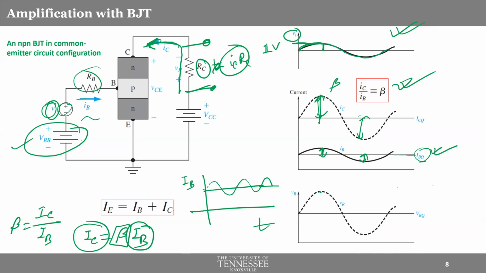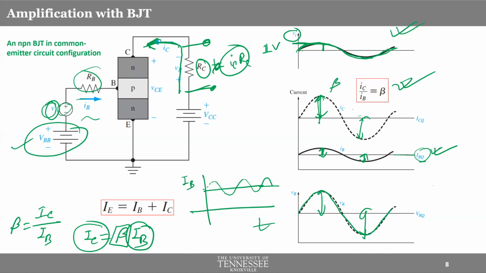Resistance remains constant, so your voltage drop will be enhanced exactly by that amount, beta. Okay, so you have provided a minuscule, tiny amplitude of input voltage, oscillating alternating input voltage, and at the output you're getting an amplified version of voltage simply because of the current amplification.